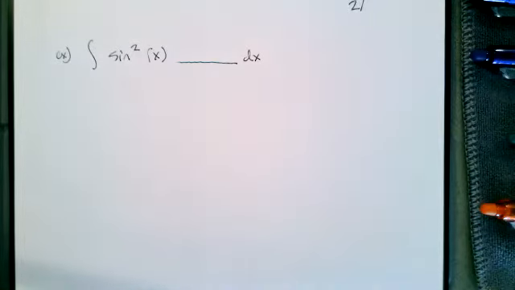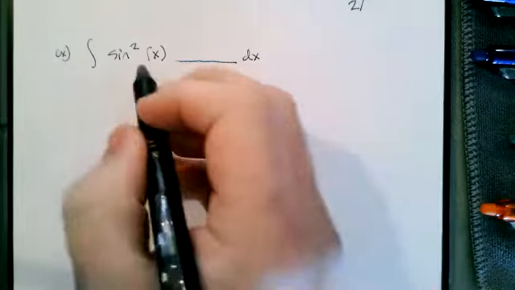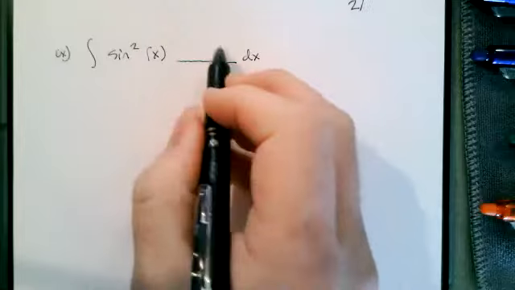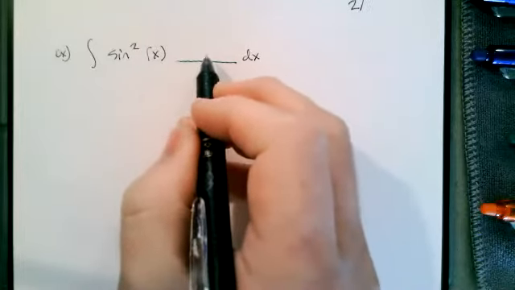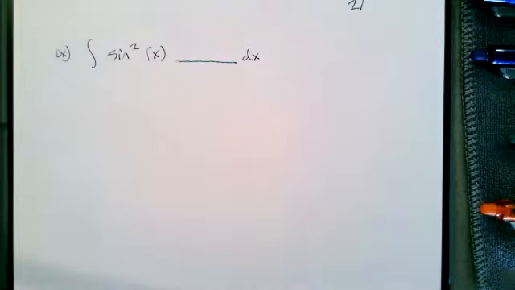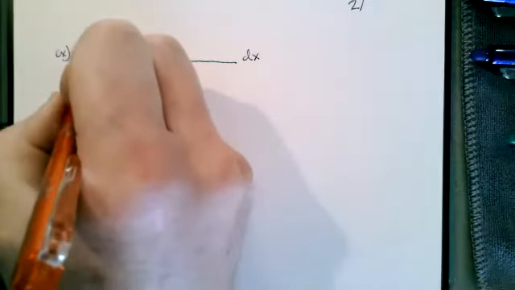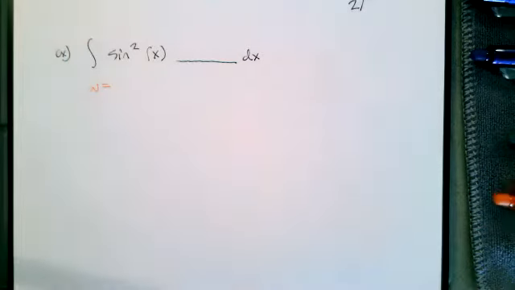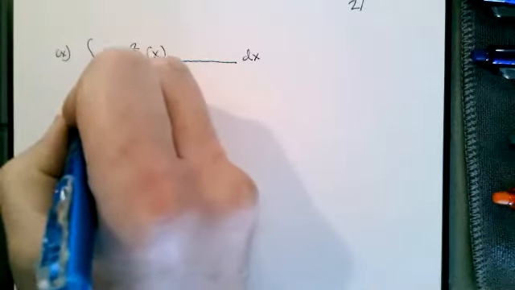All right, so we can do a substitution here, but we're going to need something, just like we needed the x before. So there's the same three questions. What's the inside function? And what are we plugging it into?